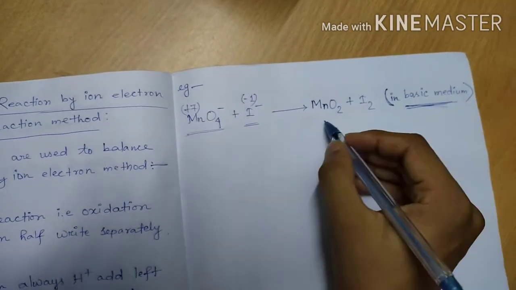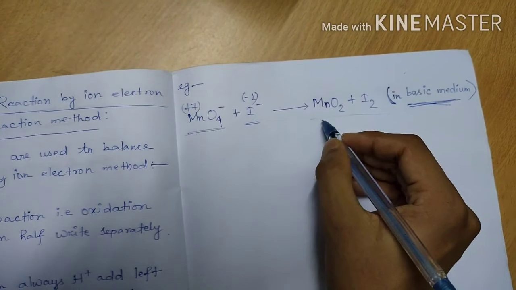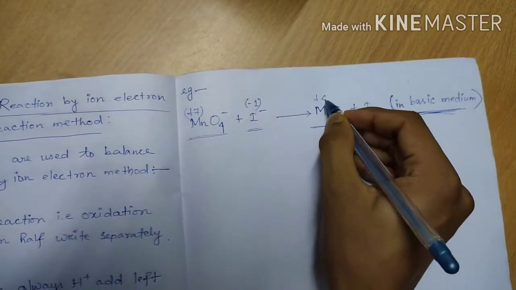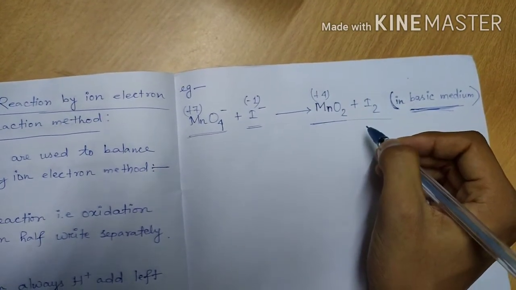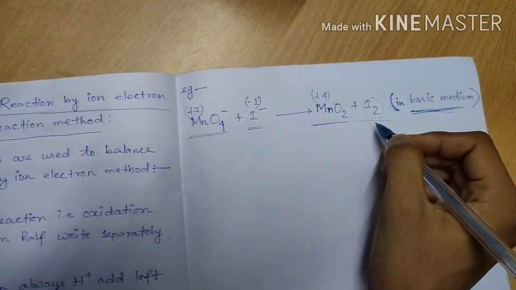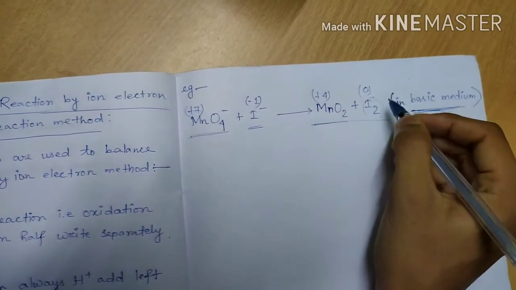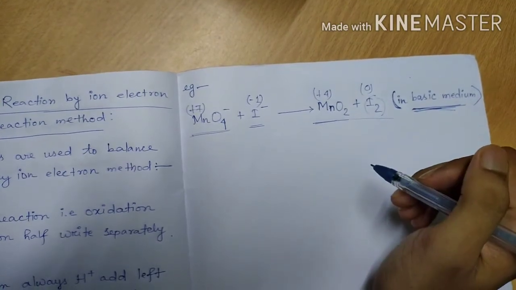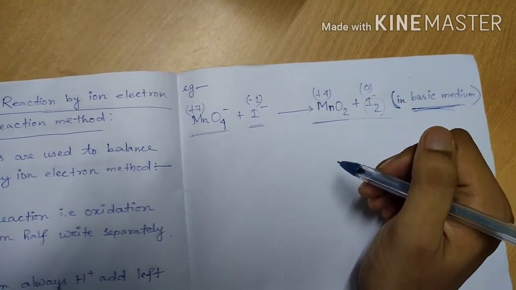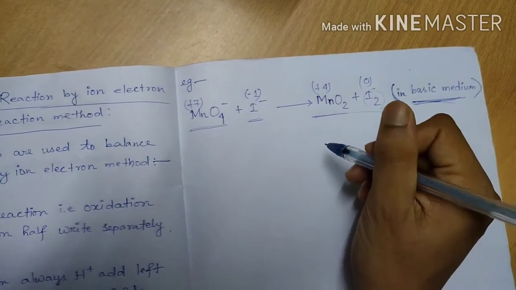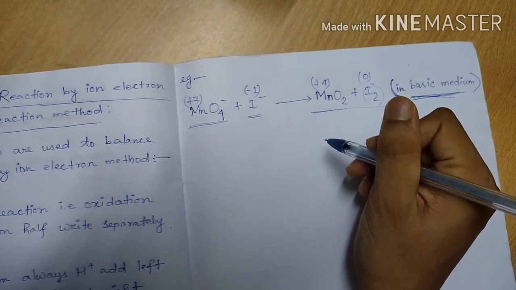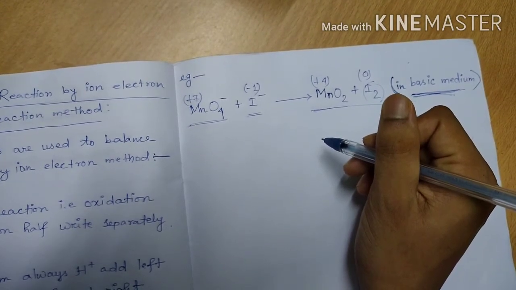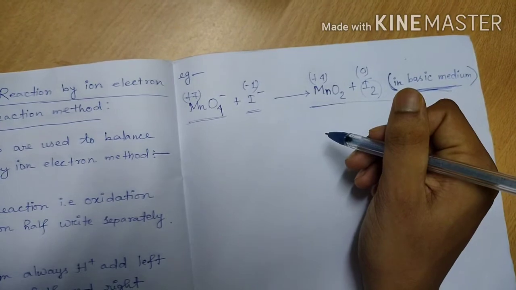In the product, the oxidation number of Mn is +4, and the oxidation number of I2 is 0. If you don't know how to find oxidation number, please watch my previous videos, where we discussed how to calculate the oxidation number of an element.